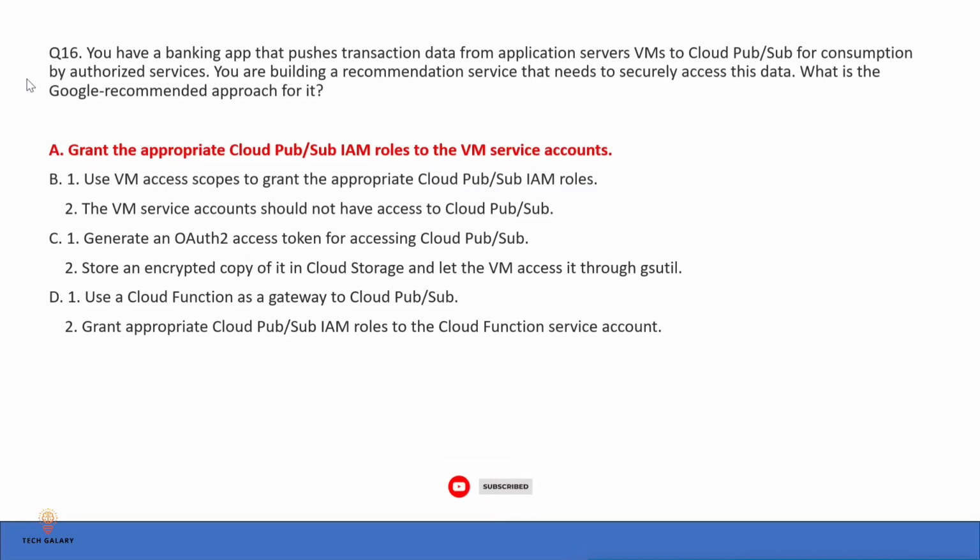Option C is incorrect because it is not considered a good practice to generate and store OAuth2 access tokens as they usually have an expiry period. Option D, use a Cloud Function as a gateway to Cloud Pub/Sub. Grant appropriate Cloud Pub/Sub IAM roles to the Cloud Function service account. This option is incorrect because VMs can directly call Pub/Sub. There is no need to build a Cloud Function for it. So option A is correct for this question.